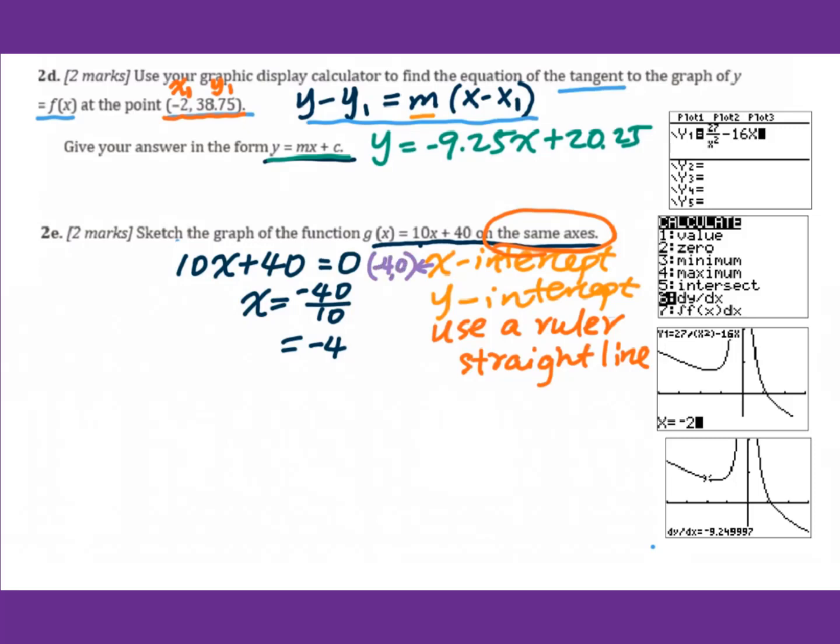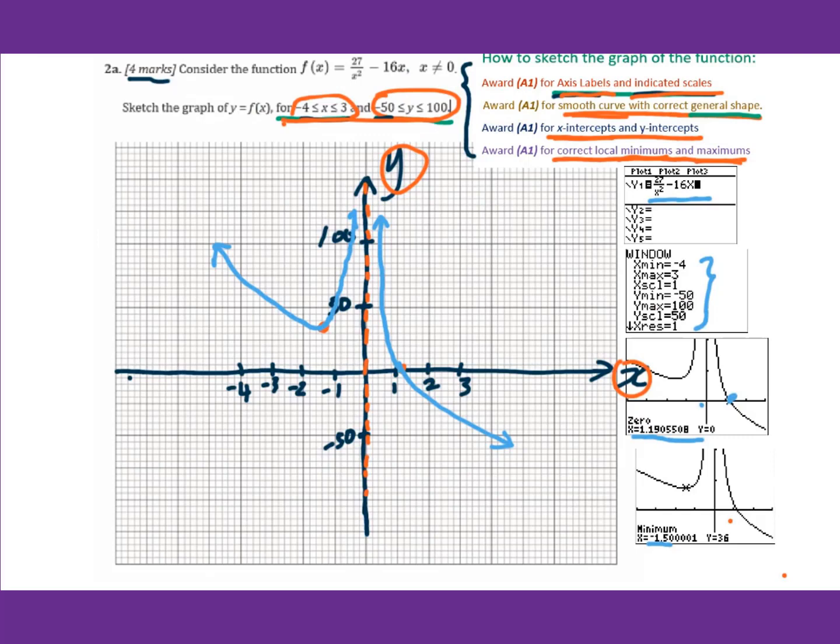For the y-intercept, you do g of 0. We make x equal to 0, so 10 times 0 plus 40, you will get 40, which means the y-intercept is 0, 40.